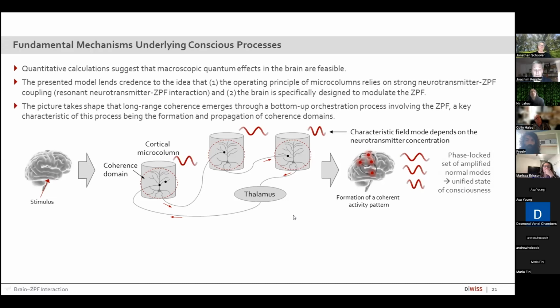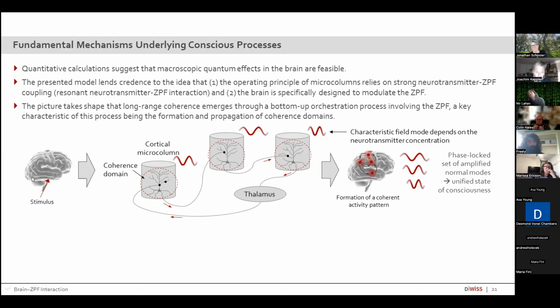And then it's a coupling, so to speak, of these coherence domains that results in the formation of a coherent large-scale activity pattern. And it is this coherent activity pattern which is accompanied by a set of amplified normal modes of the zero-point field. And this is the place where consciousness enters the game.